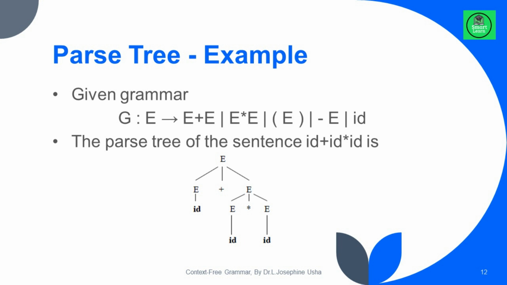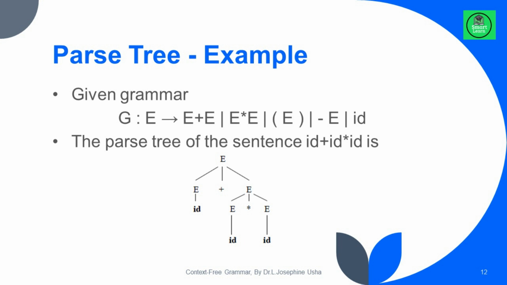You start from the start symbol E. First you have to do id plus id, so you apply the production and replace this non-terminal by E plus E. Then I need id star id, so the rightmost variable E can be replaced by E star E. Then every non-terminal E can be replaced by its production id.